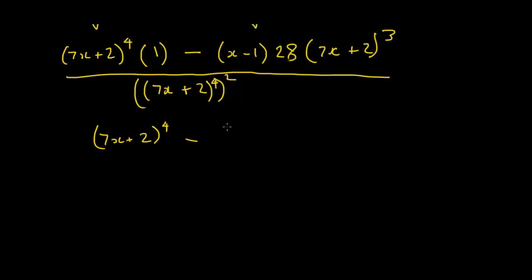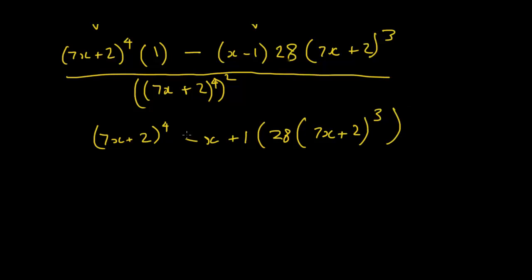And then minus (x minus 1) times 28. We can expand this first, so that's minus x plus 1, and then we go times 28, and that's (7x plus 2) to the 3.